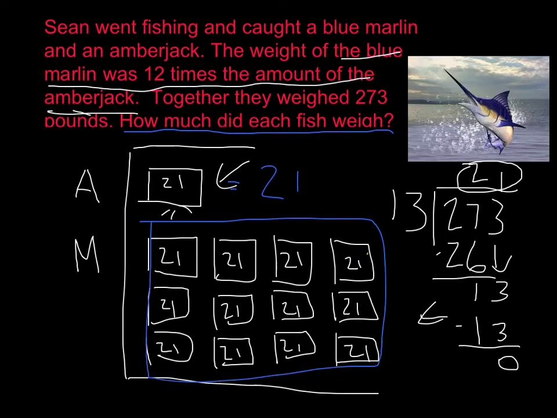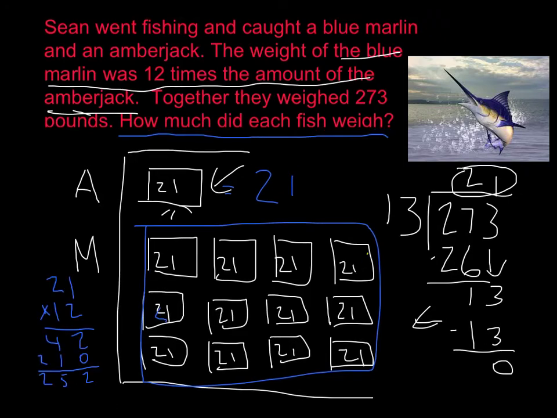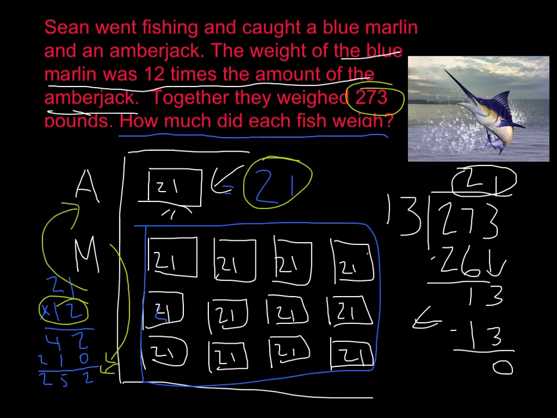So we need to take this 21 and multiply it by 12, and as you can see, you have your answer of 252. Therefore, the amberjack would weigh 21 pounds, and the blue marlin would weigh 252 pounds. Together, their combined weight equals 273 pounds, and the blue marlin is 12 times the amount of the amberjack.